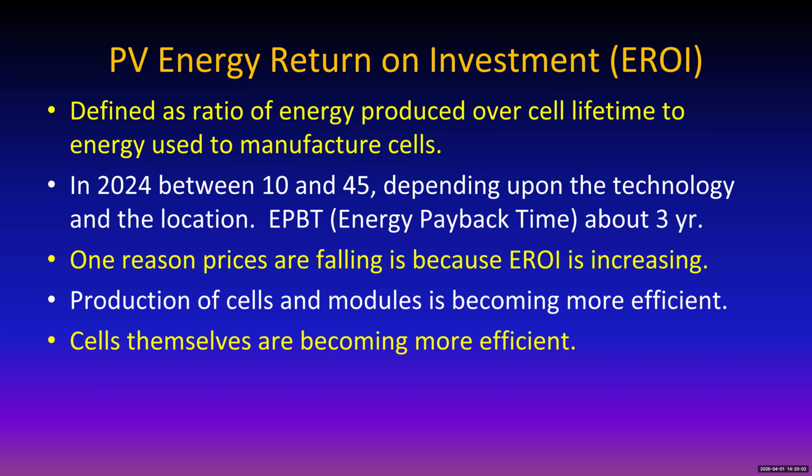So that means you can make 50% more energy in the same space. That's very convenient when you're talking about rooftop solar or wherever else you might put it, that you can make 50% more energy because your cells themselves are more efficient.